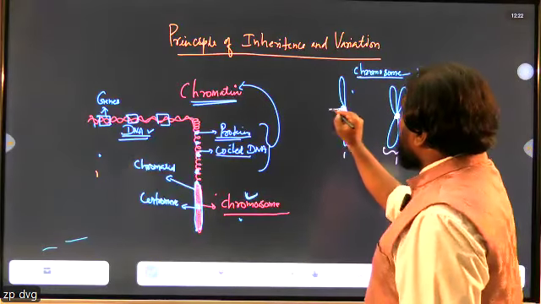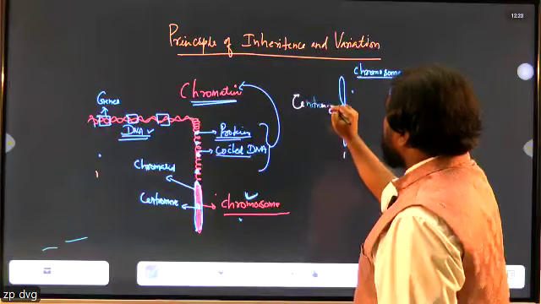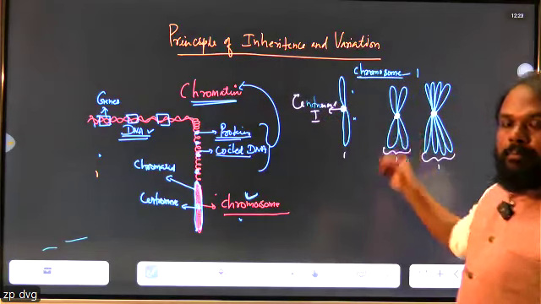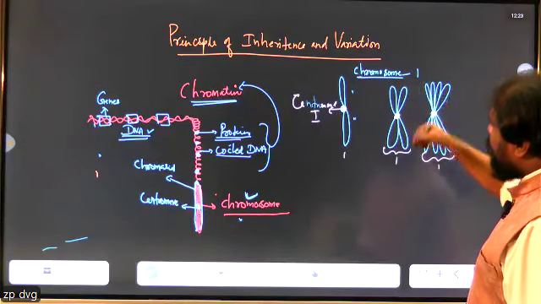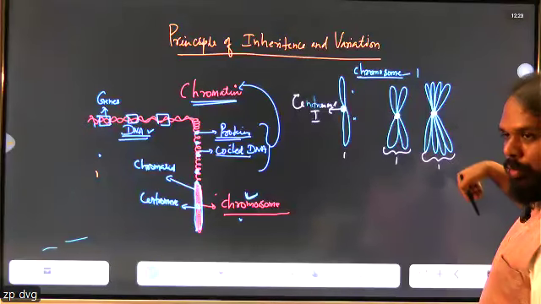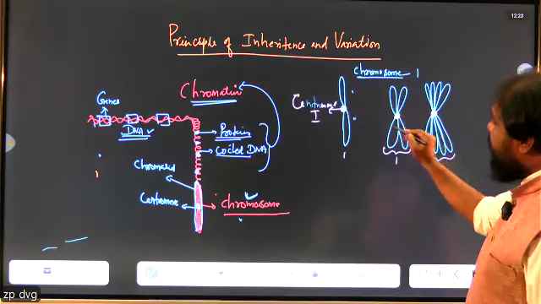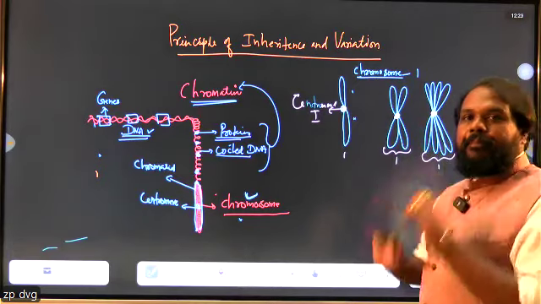Because if the centromere is one, understood? If the centromere is one, the number of chromosomes is also one. Let it be one, two, three, or four chromatids. The chromatid number may differ, but if the centromere is one, it is considered to be one chromosome only. Understood?